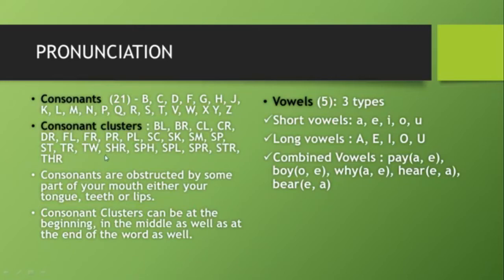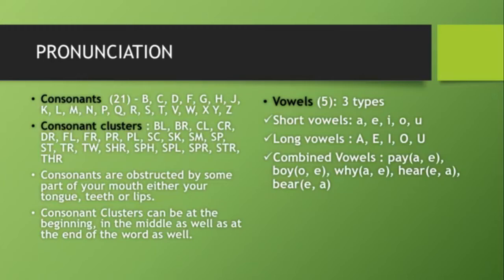And then coming on to the three member clusters, it's shr, sfr. Now ph becomes f. It sounds more like a simple f, but it is a three consonant cluster word. It is sfr.